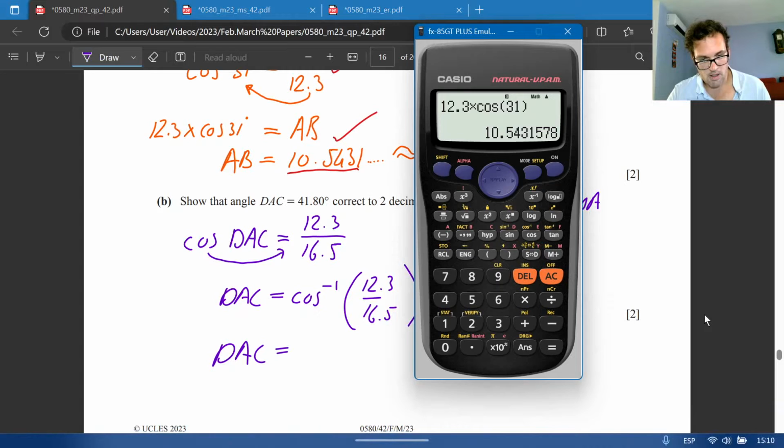So whip out our calculator. We need to put shift cos and then 12.3 over 16.5. Side arrow. Bam. Again, show more than 2 decimal places. 41.8018.